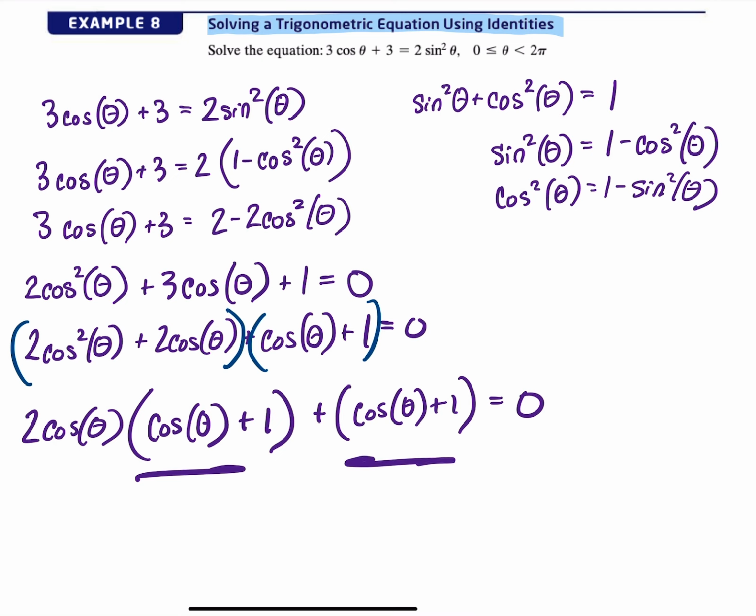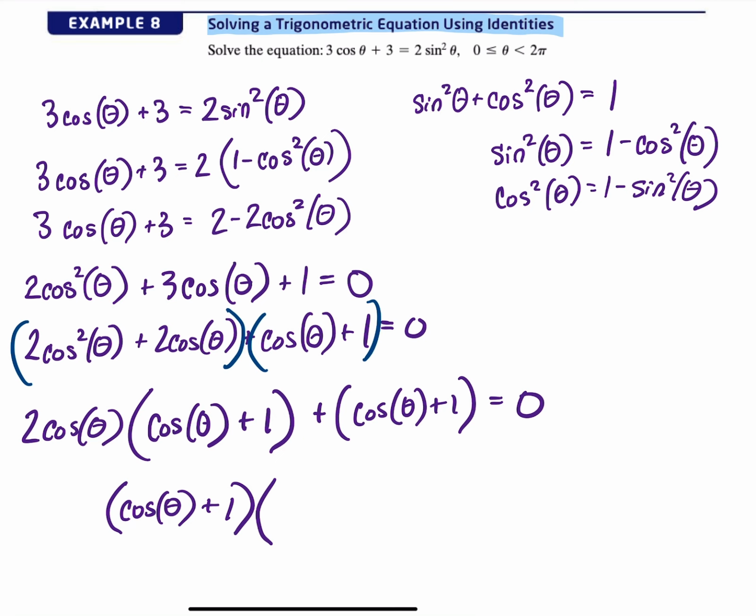So the next step is to write the common factor. So we're factoring that out of this total expression. So I have the cosine of theta plus 1 in parentheses, and my second parentheses will be my 2 coefficients here.